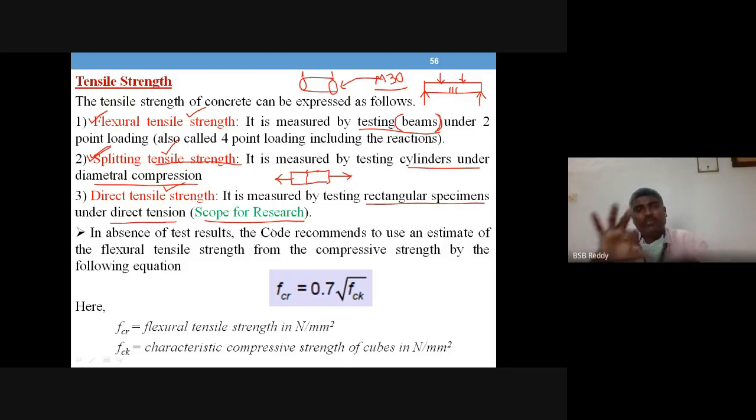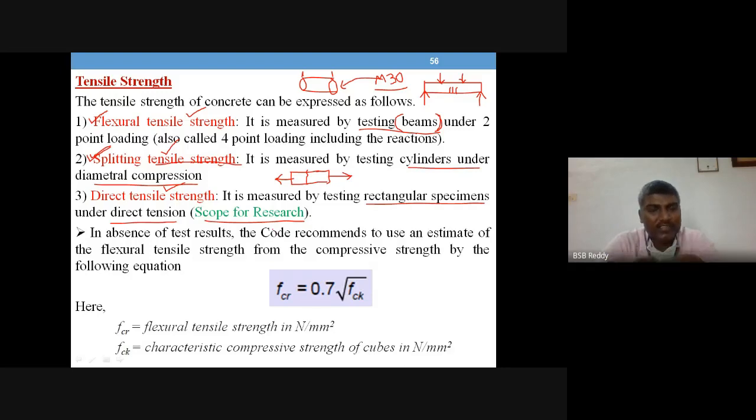So there are three forms of tensile strengths for concrete. One very well known to you is split tensile strength, which you come across in your undergraduate study. Flexural tensile strength is very common for PG students for their dissertation works. And for UG students, we'll just demonstrate that.